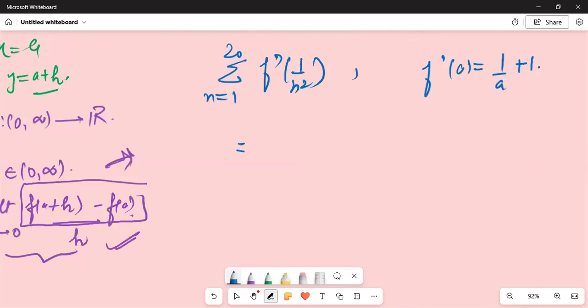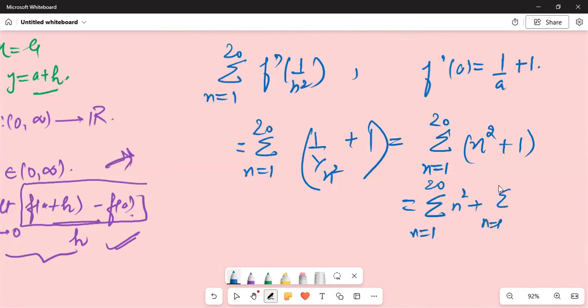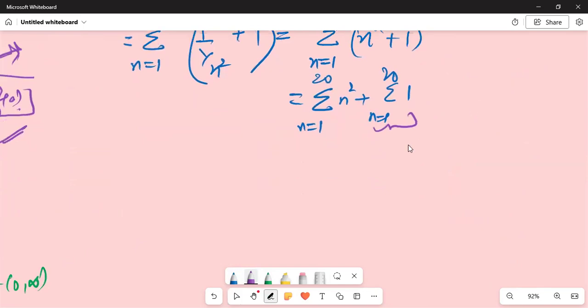So using the same thing, now you can separate the sum. You get this, you get this. Here you are just adding 1 twenty times: 1 plus 1 plus 1 till 20. So you get 20 for this.